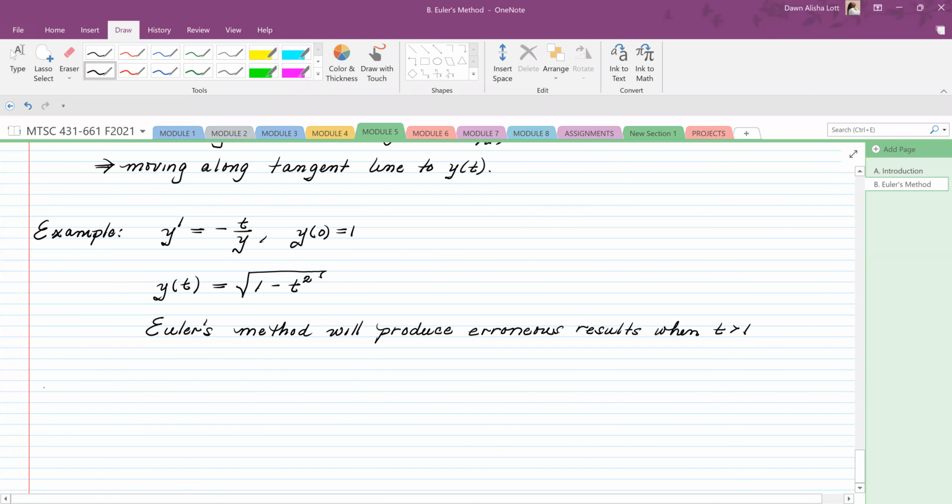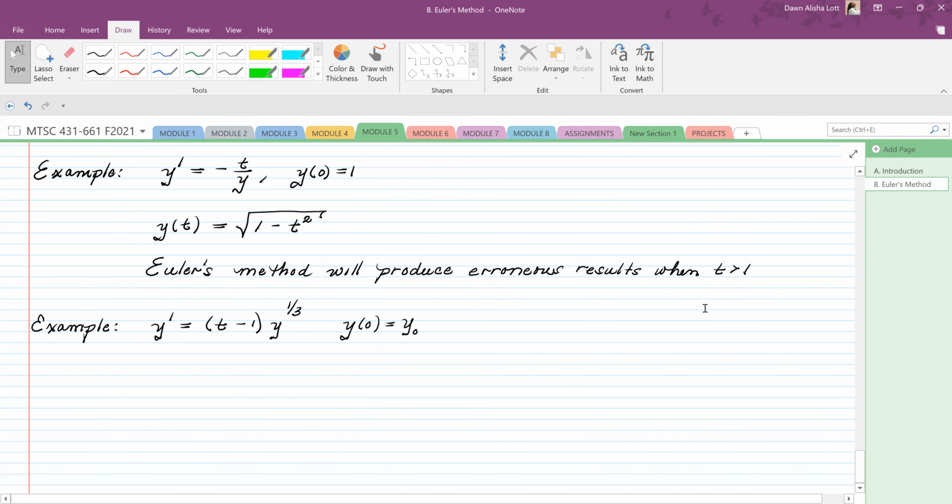All right, here's another example. And in this one, y prime is equal to t minus 1 times y to the 1/3 power. And this is y at 0 equal to y naught.